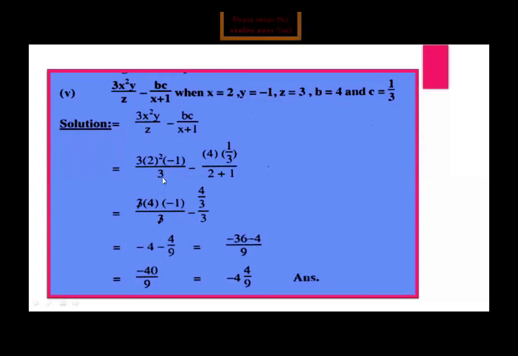In denominator, z is given, that is 3, minus in second fraction, b into c is given, so b is equal to 4, we replace b by 4 and c by 1 upon 3, and we observe that these two are given in multiplying form, so that's why we have drawn these two brackets in multiply form. In denominator, we have x plus 1, x is replaced by 2, where plus 1 will be same.